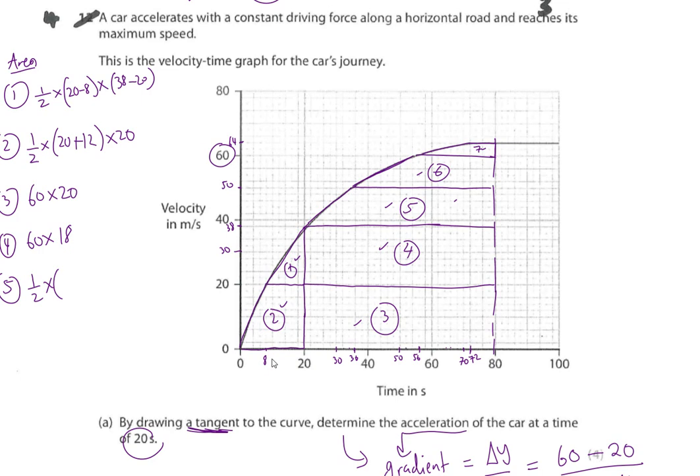From 20 all the way to here, it'll be 60 plus, oh, I forgot, so 20, so this is 36. So from here all the way down to 80, this would be 44 times the height. So this is the height there. The height would be from 50 to 38, so that will be 12.